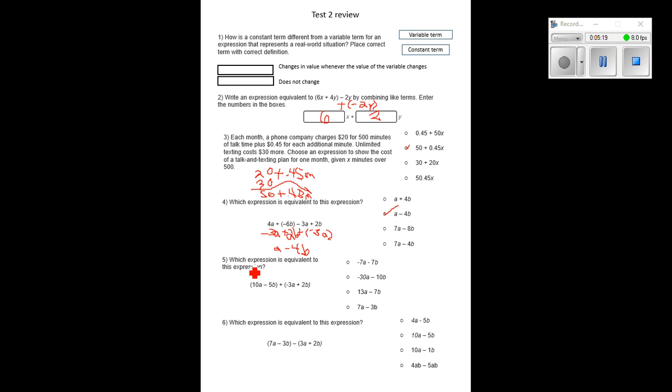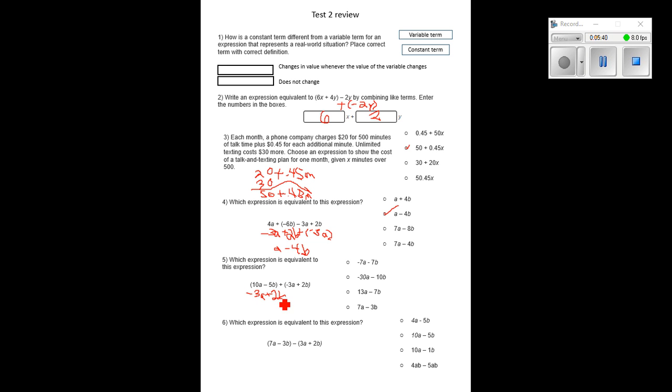All right, let's go to number 5. Which expression is equivalent to the expression? Well, once again, since I'm adding, I'm allowed to move my terms around. I'm going to take this negative 3a and put it over here. I'm going to take the positive 2 and put it under here.